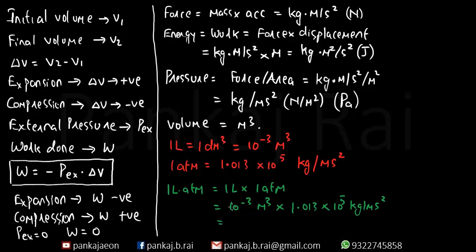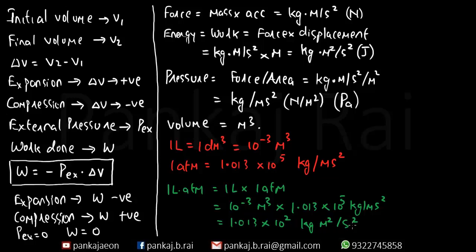So 1 liter atmosphere will be 1.013 into 10 raised to 5 times 10 raised to minus 3, so this will be 10 raised to 2, and this is meter cube per meter, so that will be meter square, so that will be kg meter square per second square.